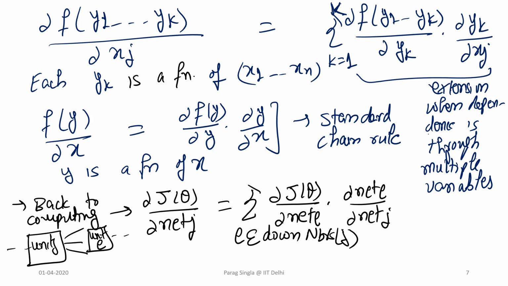So this is our generalized chain rule, and this is what we'll use. We know this quantity, that has already been computed.